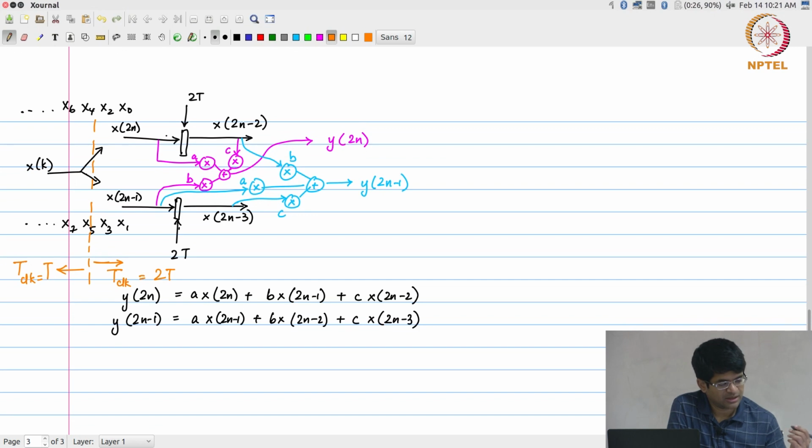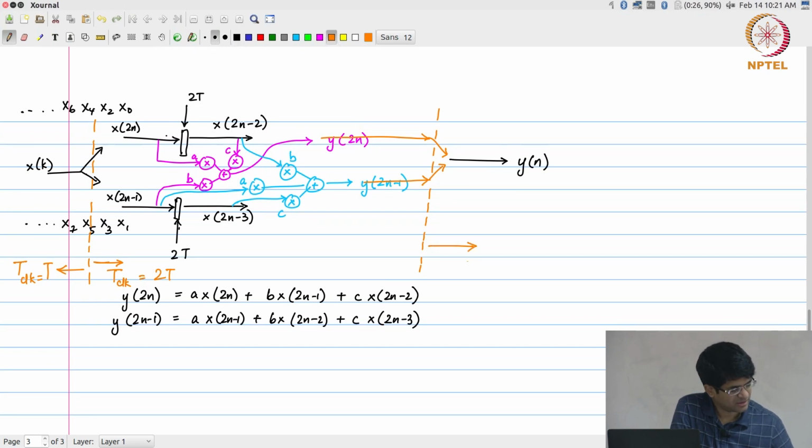Okay. And by using that, whatever is on the right hand side finally will come down to operating at a slower speed. Now, how do I fix this? What I need is at the opposite end, once I have done all of this computation, I need to take these two streams and combine them back into a single output, right, which will basically give me y of n. And what that means is that over here, once again the t clock is equal to t.